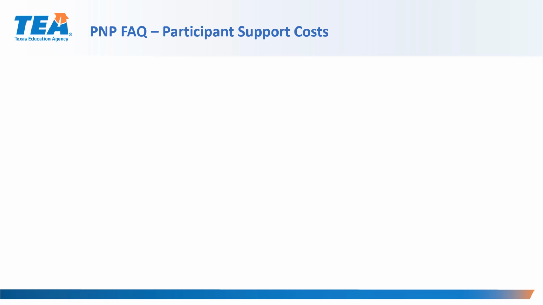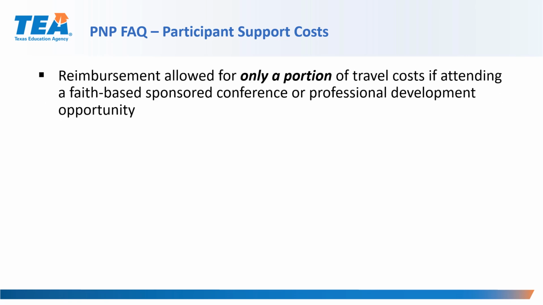How are reimbursements handled once the LEA request for approval of participant support costs form is completed? Reimbursement is allowed for only a portion of travel costs if attending a faith-based sponsored conference or professional development opportunity.